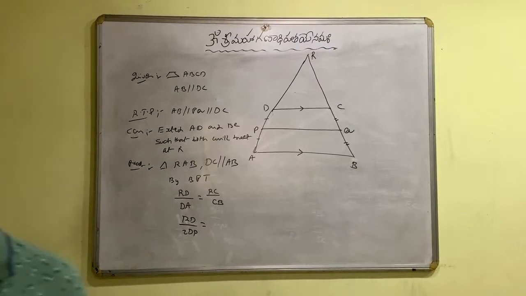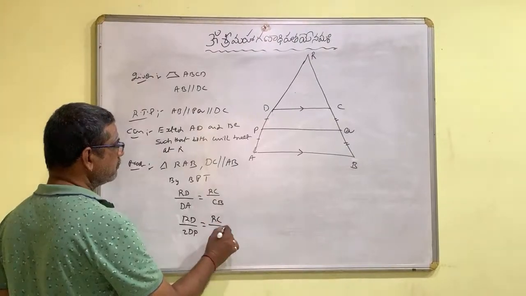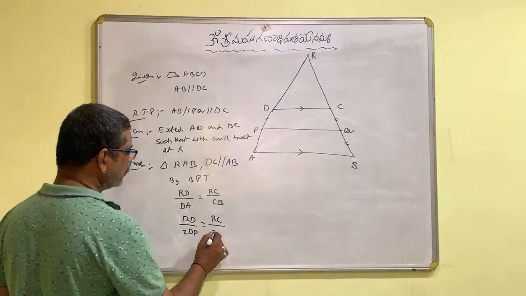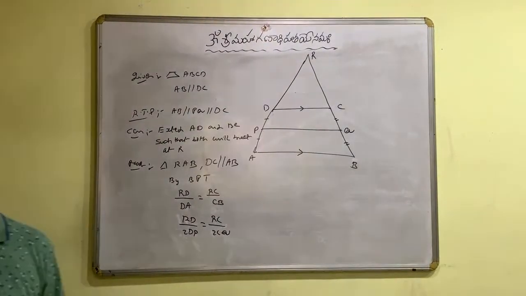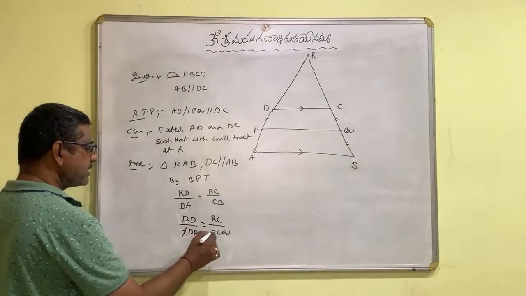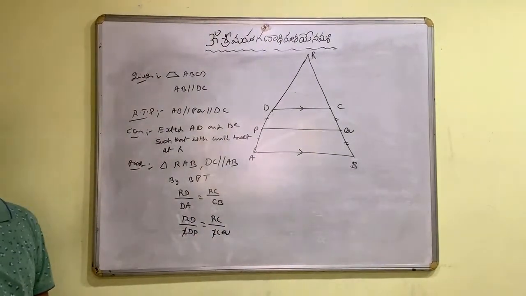So instead of DA, I can write 2 DP. In the same way, RC by, instead of CB, I will write 2 CQ, because Q is the midpoint of CB. Now I can cancel the 2's on both sides.